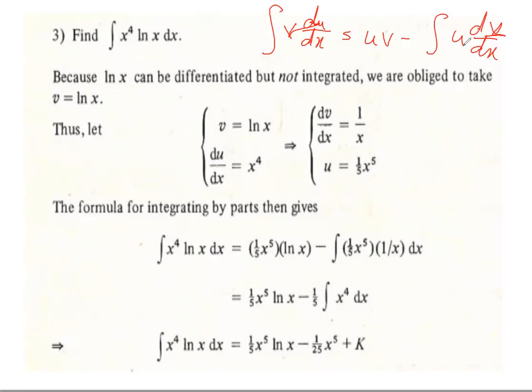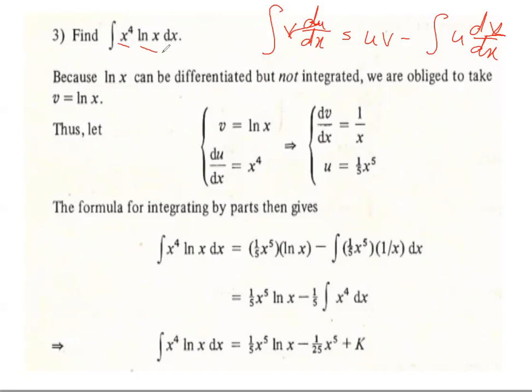Look at something. This is a good example to bring out. You notice here that they didn't say this is v and this is du/dx. If you do that, you will see what I'm telling you: you end up with a very, very complicated thing.